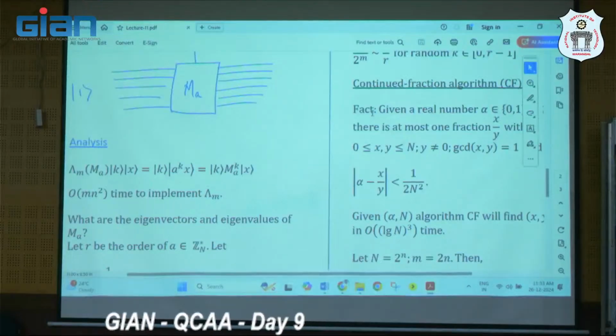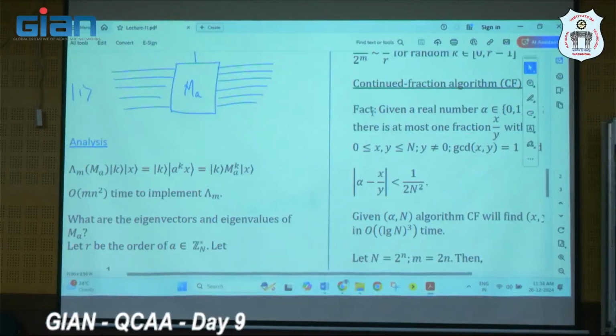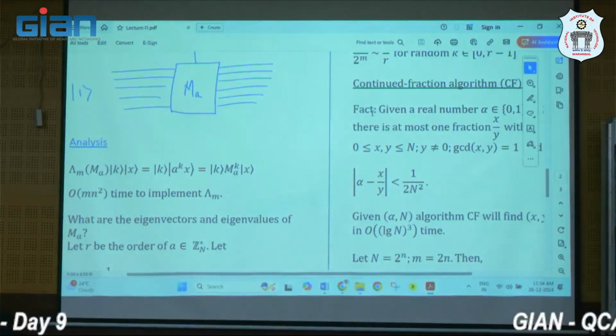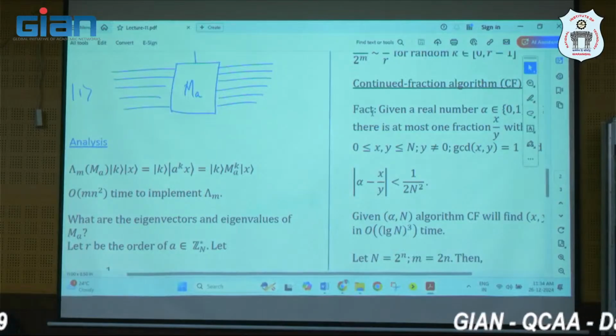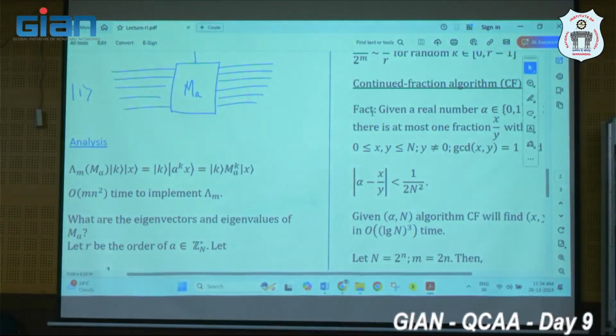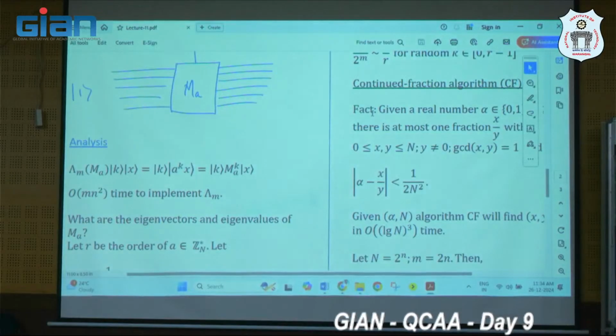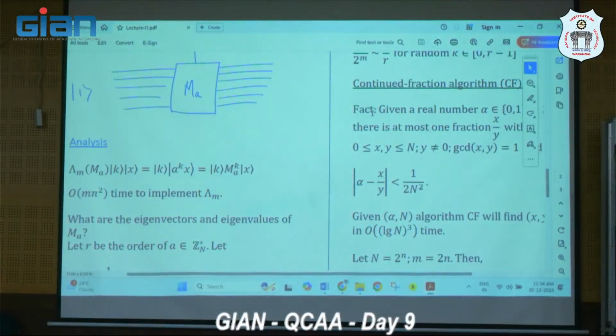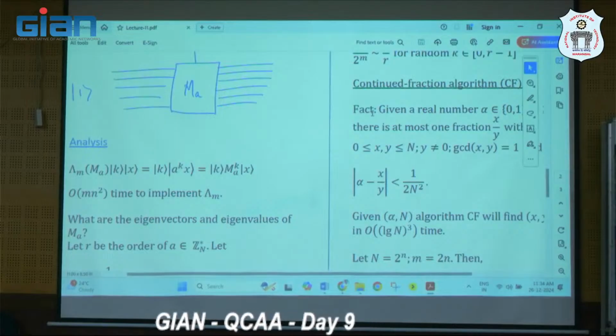And each multiplication takes time at most n squared, because it is an n-bit number. Because we are always going mod N, remember that. It is never exceeding capital N. So each time we can represent it as small n bits, correct? Yes?